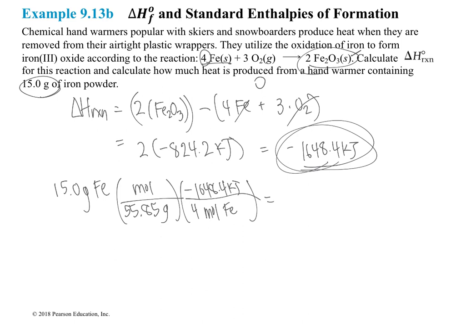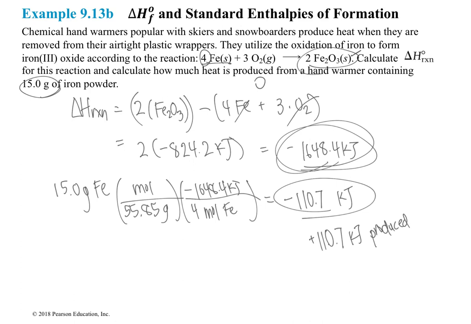So that means negative 110.7 kilojoules are associated with it, or you can say positive 110.7 kilojoules are produced. That word produced implies the negative sign, that the heat came out.